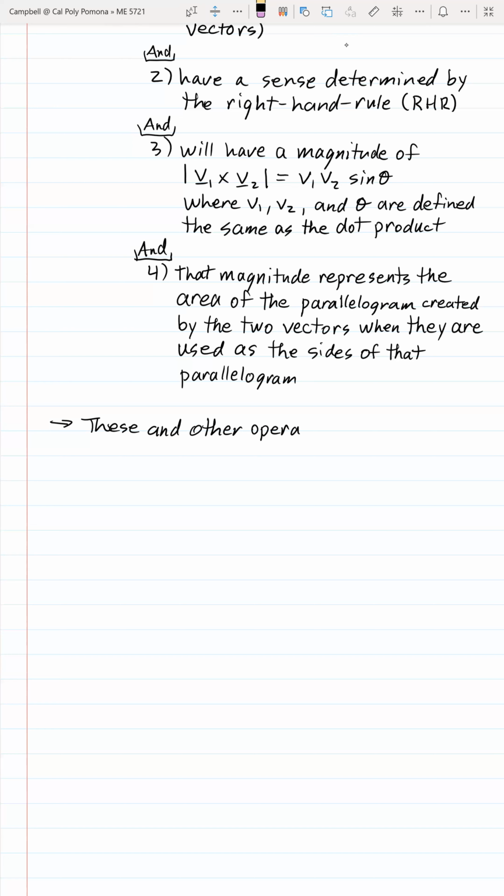These and other operations have been defined for matrices and vectors.